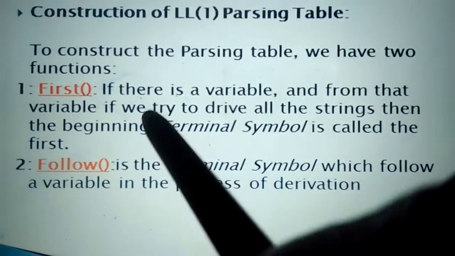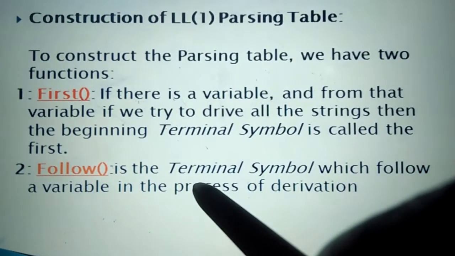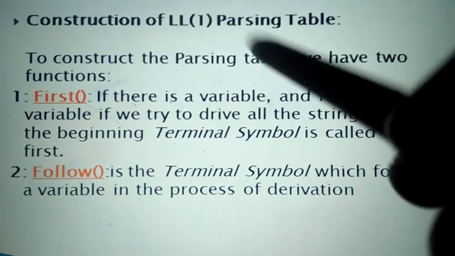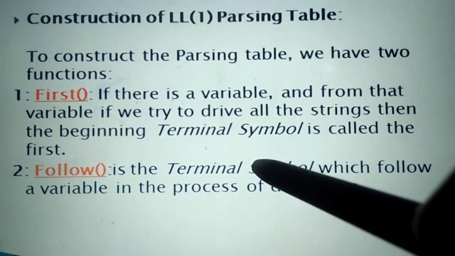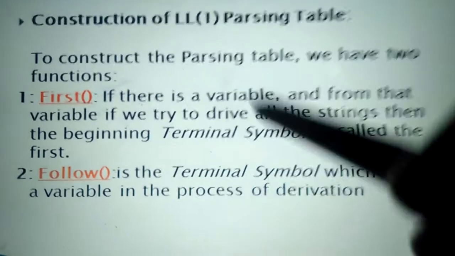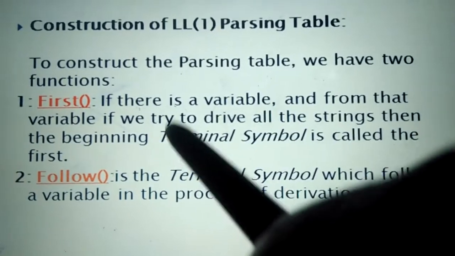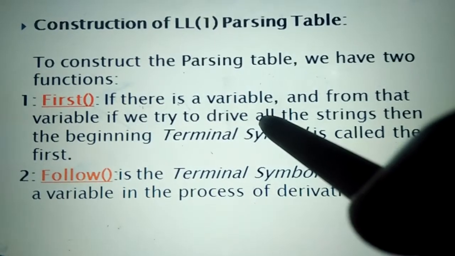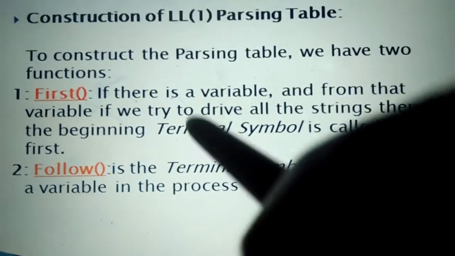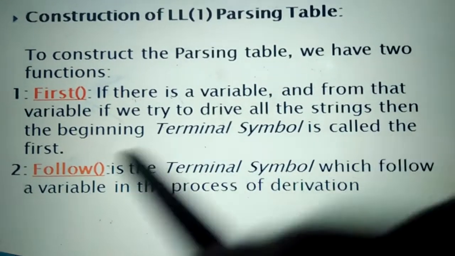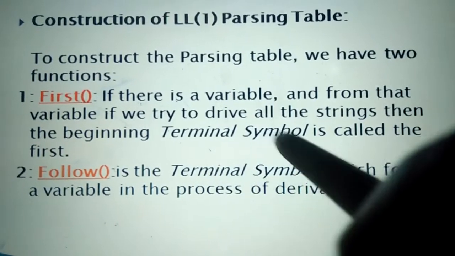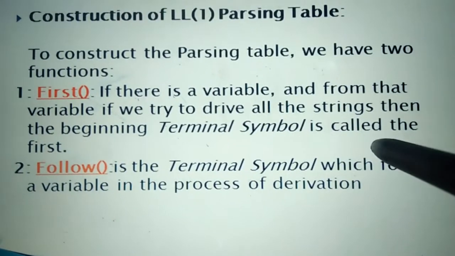I hope you have come to know there are two functions in the top down parser, and that too we are using the LL parser. And how is the construction of the LL parser? The LL parser requires two functions, that is the first function and the follow function. The first function is that if there is a variable, and from that variable you derive all the strings, then the beginning terminal becomes the first symbol.